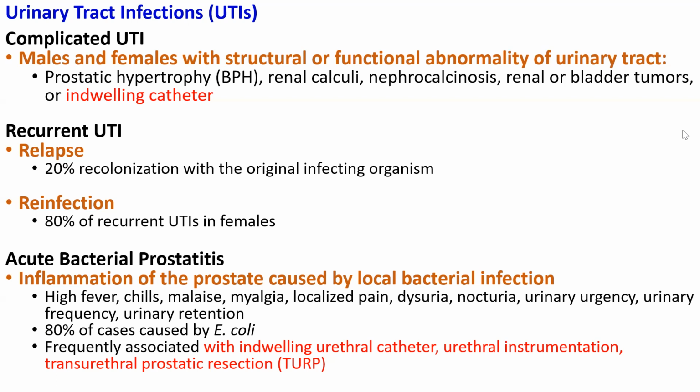Reinfection is 80% of recurrent UTIs in females, and usually involves lower UTI and may be related to sexual intercourse. Acute bacterial prostatitis is the inflammation of the prostate caused by local bacterial infection.